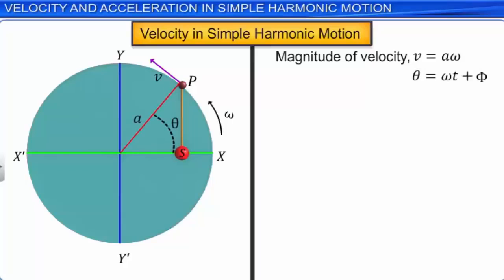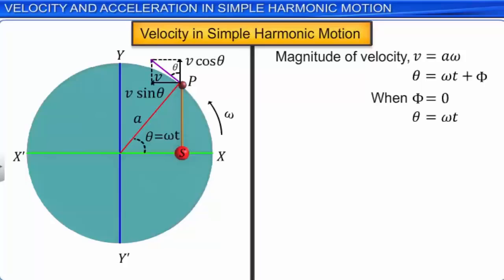For simplicity, if we assume the initial phase phi is equal to 0, then the two components of velocity v are v cos theta and v sin theta respectively in the directions shown.